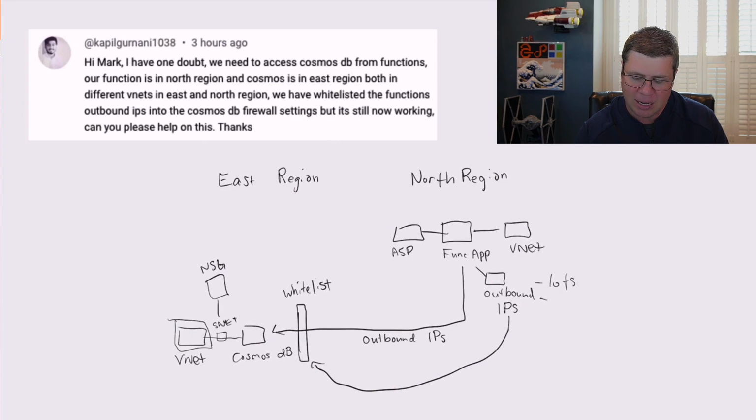Number two, they change. If you're using Terraform to provision your Azure function, which you should, Terraform is going to output a list of outbound IPs.